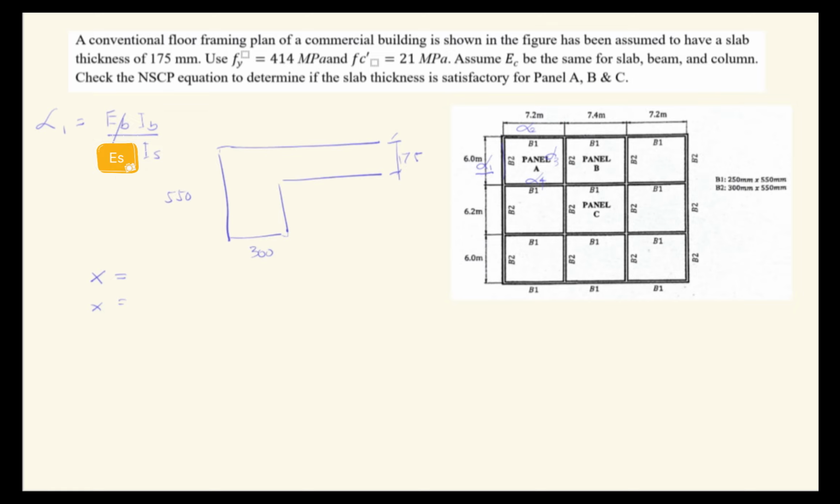That is hb, 550, minus h, 175. This will give us 375, whereas this is 4h, which is equal to 700 mm.